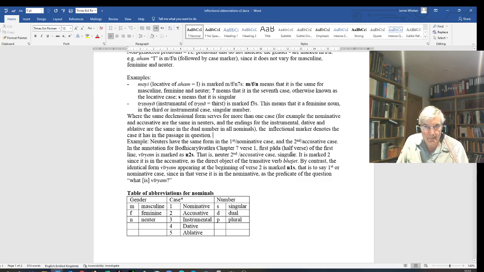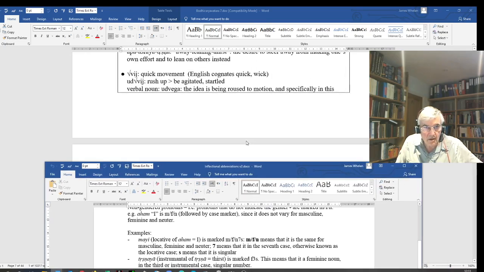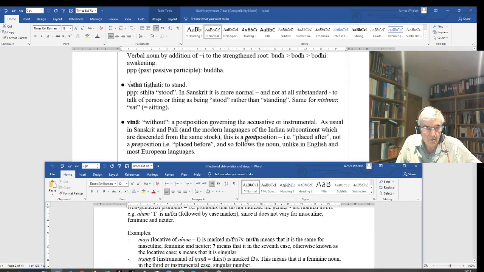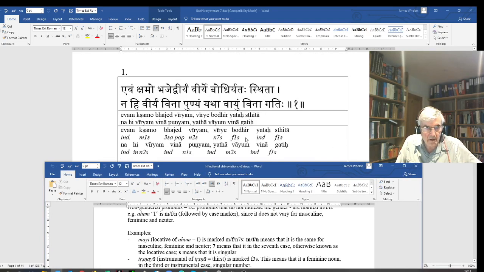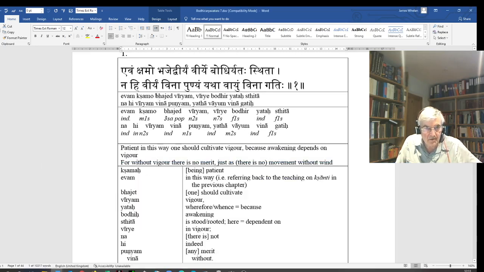And we see an example in virya, in an early part of chapter 7 here. If you look at verse 1, bhajed, see where I'm highlighting, bhajed viryam, let him cultivate virya.